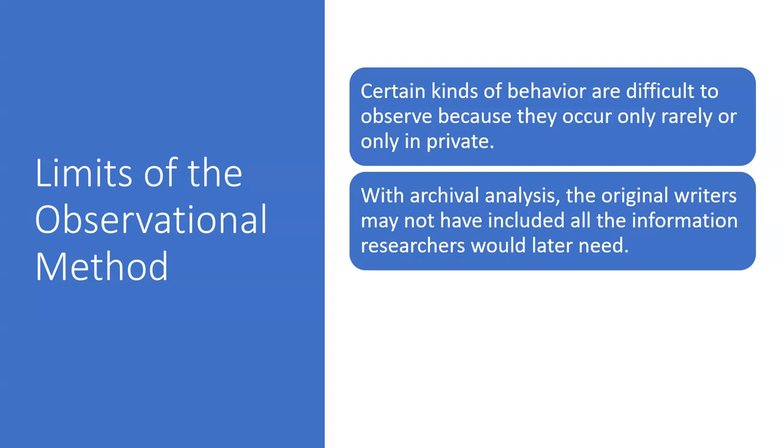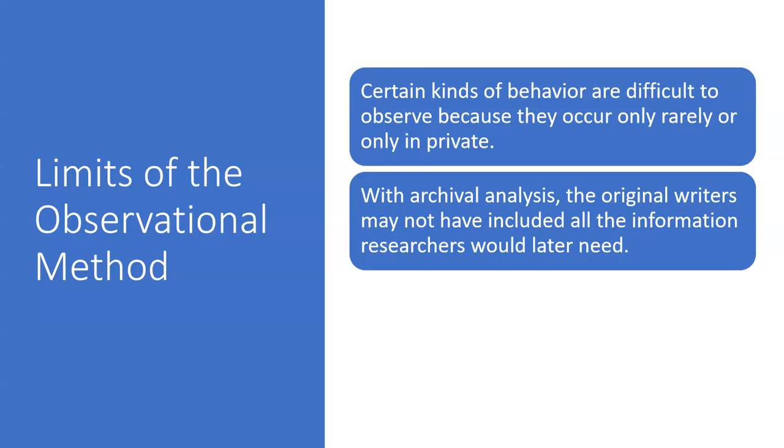With archival studies, you're limited by the archival materials that you have available to you. You don't have an ability to randomly sample information from the culture at that time. So with the original writers of archival materials, you're really kind of handcuffed by the information that they give you. It may not be all the information that people would later need.